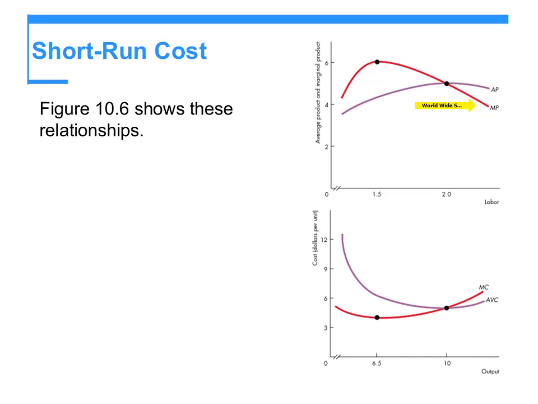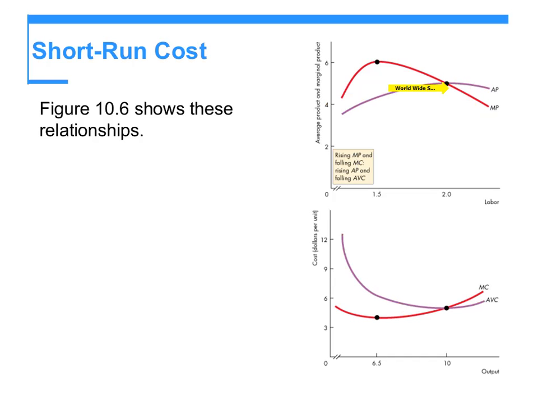The same thing goes for AP. Average product, when it's increasing, average variable cost decreases. The point where they meet, AVC is at minimum and average product is at maximum, and the moment that they pass each other, AP is decreasing and that one is increasing.